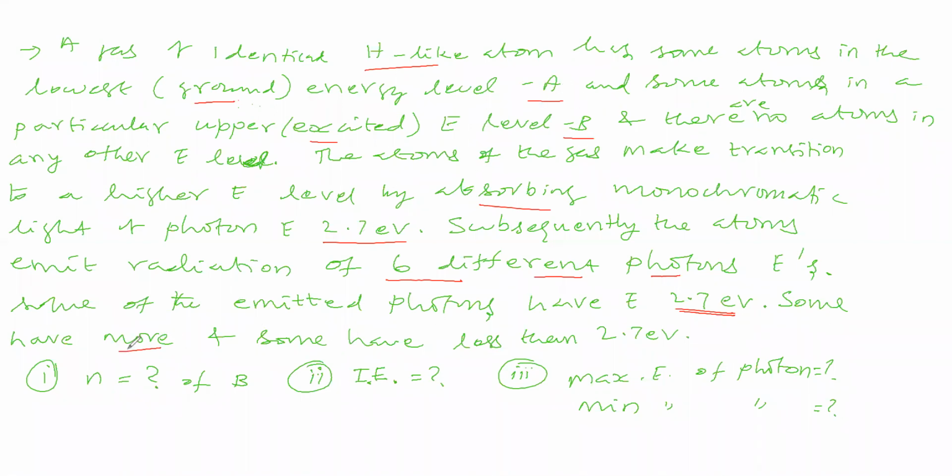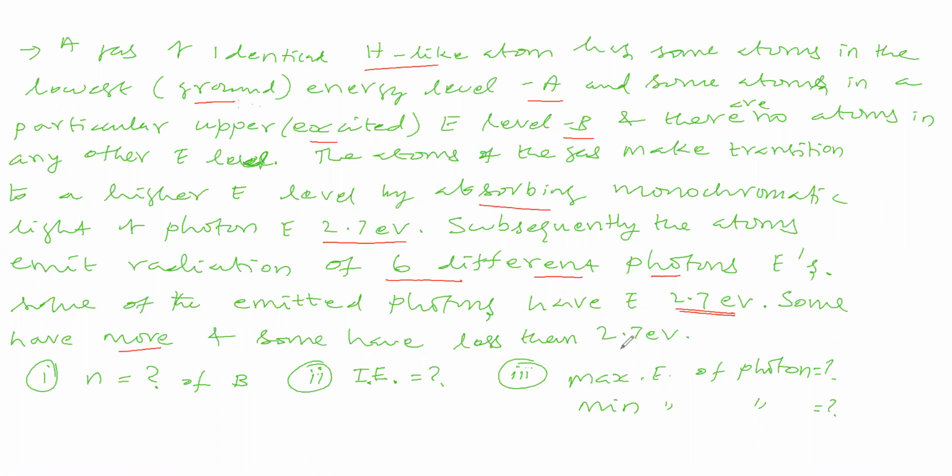Some emitting more than 2.7 electron volt means we have to go to another level other than A and B. Maybe level A absorbed 2.7 electron volt and went to some C level. Otherwise, level B absorbed 2.7 electron volt and went to C level. Otherwise, when excited electrons jump to the ground state and emit more than 2.7 electron volt, some other level is there.